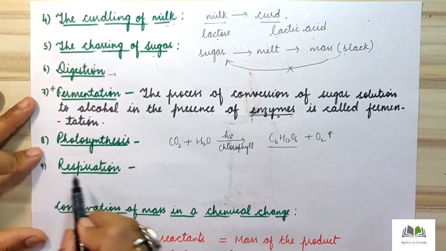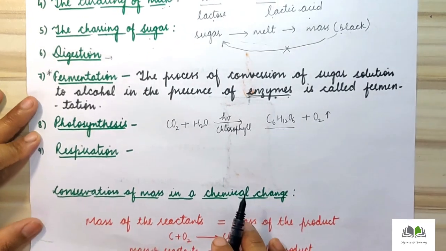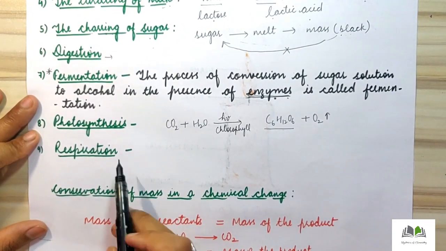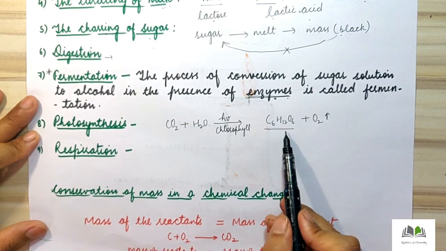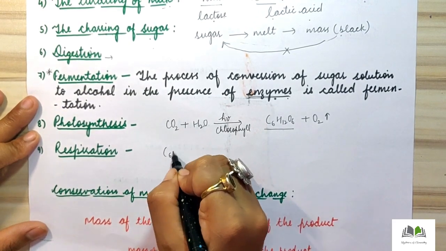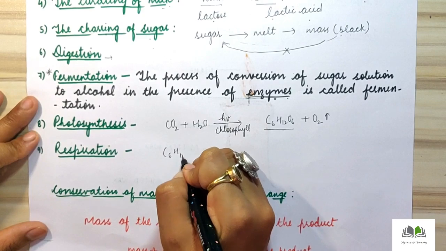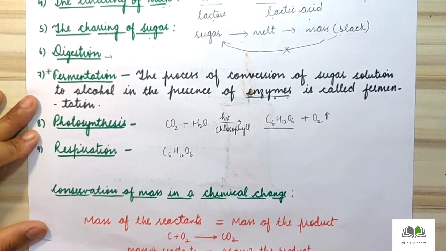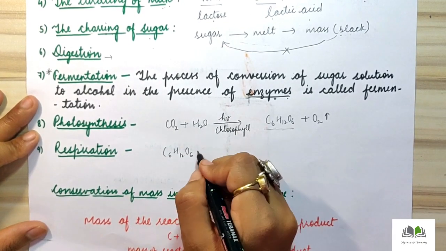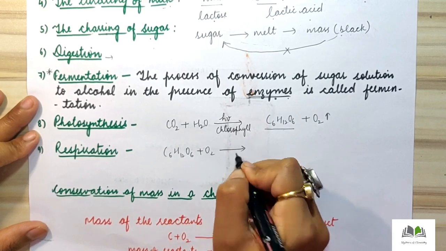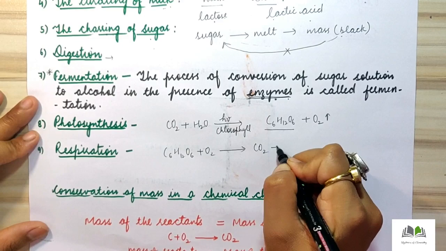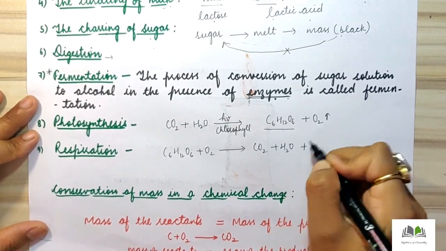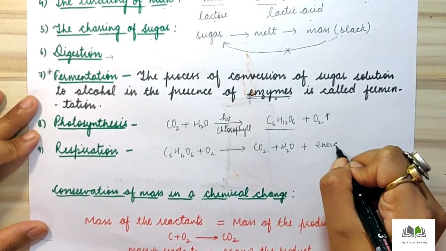Now the next example we have is respiration. So what is respiration? Respiration is the process of getting energy by breakdown of food in the form of glucose. So glucose inside the living organisms, inside the cells in the body of living organisms, in the presence of oxygen, this glucose will undergo oxidation to form carbon dioxide, water, plus release of energy.